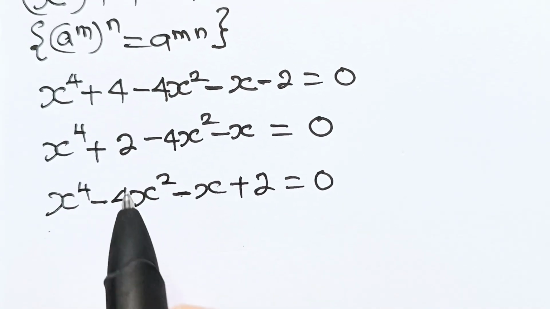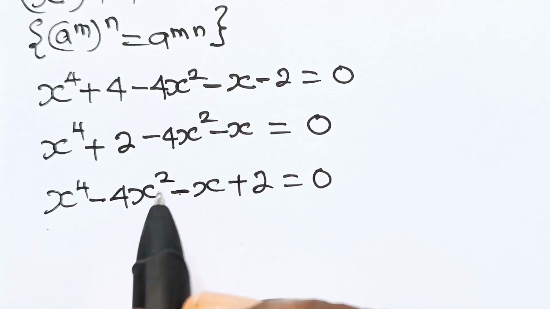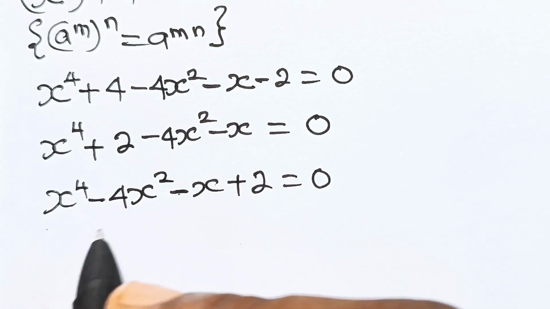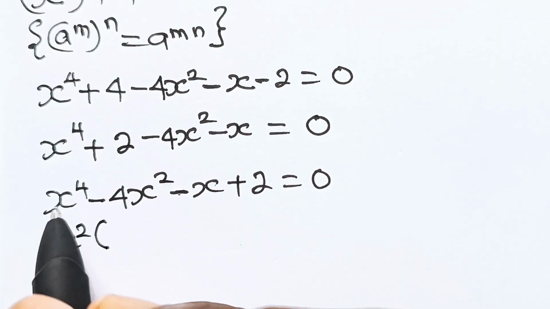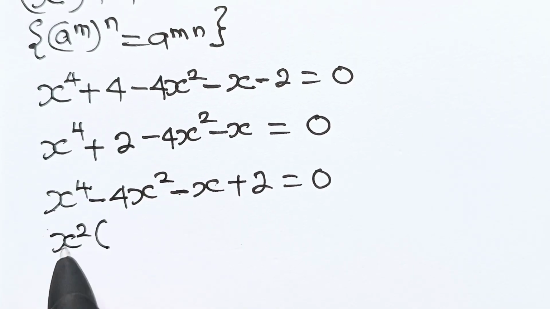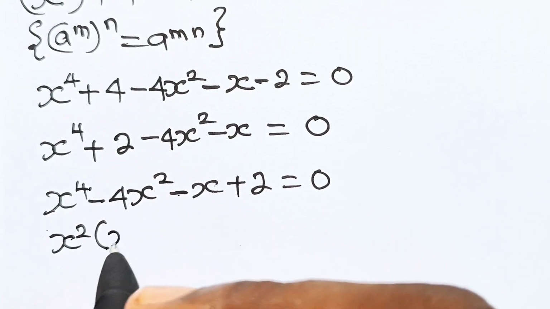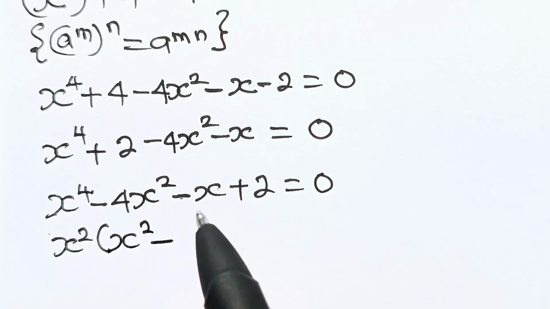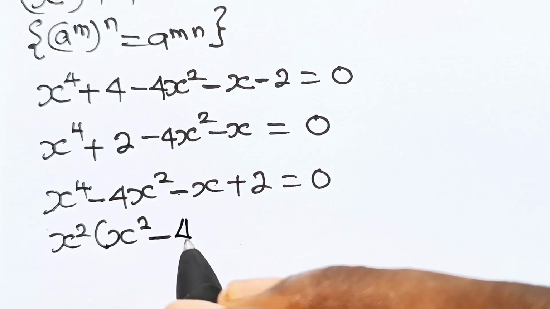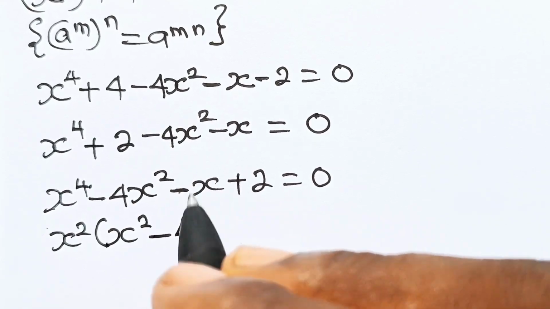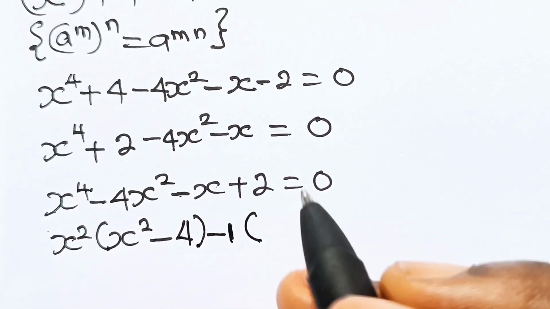Now let's factorize. x to the power of 4 minus 4x squared can be written as, the common term there is x squared. Now x to the power of 4 divided by x squared is x squared, minus 4x squared divided by x squared is 4. Now what they have in common is minus 1.